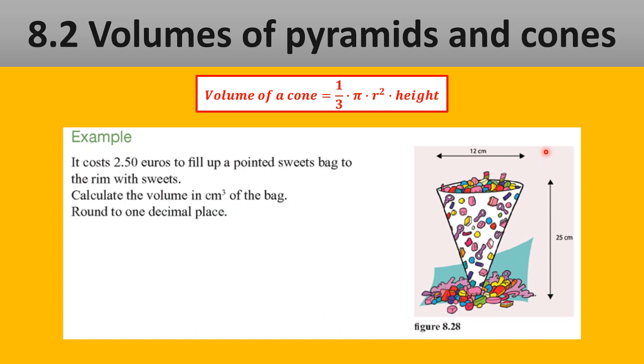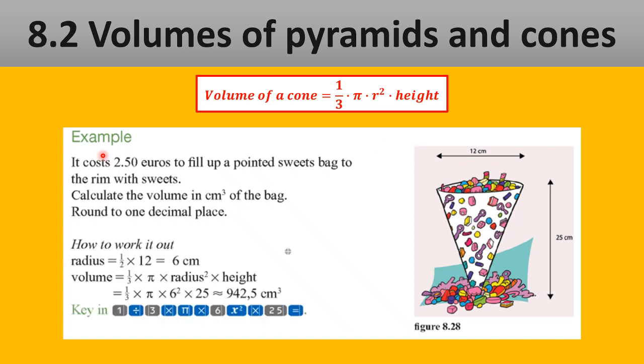Well, if you said the r is 12, then you're incorrect. Because r is the radius, so it's from the center to the rim. And this is the diameter. So this is going to be twice as big as the radius. So the radius is 12 divided by 2, which is 6.